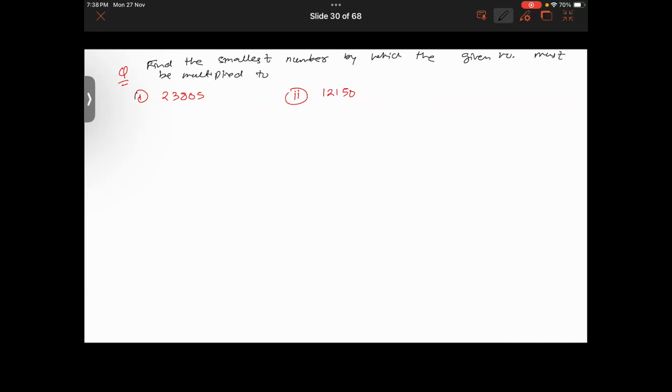So we must factorize it. Then the number which is not in pair, that is the number that we have to multiply. Exactly, so that the product is a perfect square number.